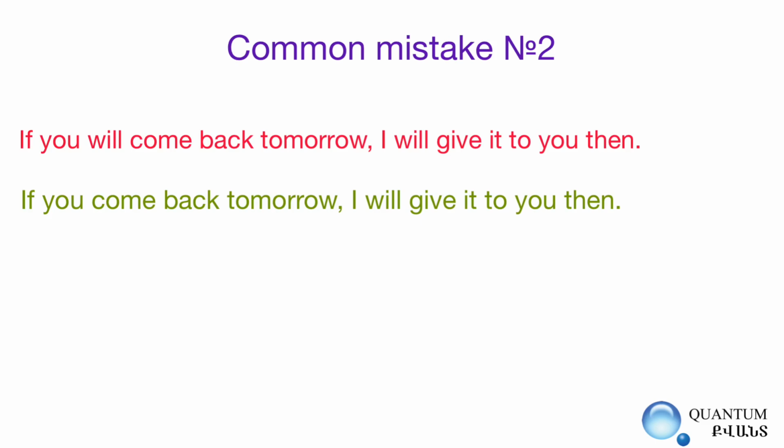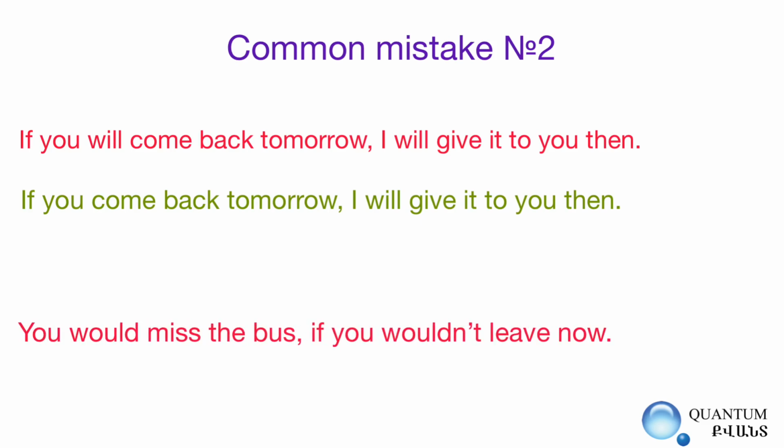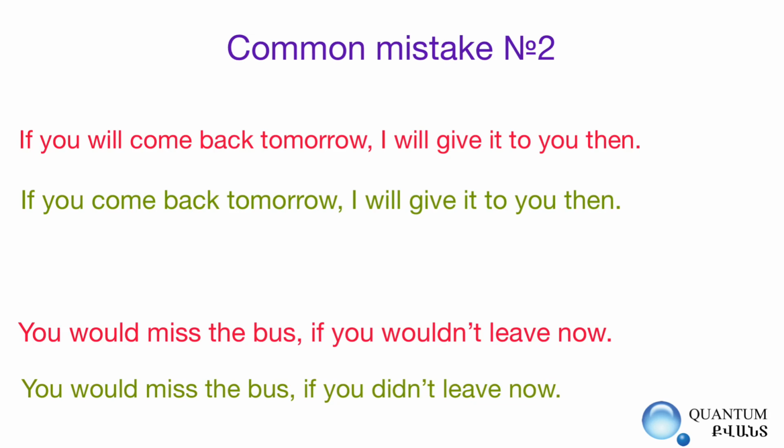Now conditional 2. You would miss the bus if you wouldn't leave now. So this is again a mistake. There is this mistake of having a second wouldn't in the if clause. So it should be, you would miss the bus if you didn't leave now.